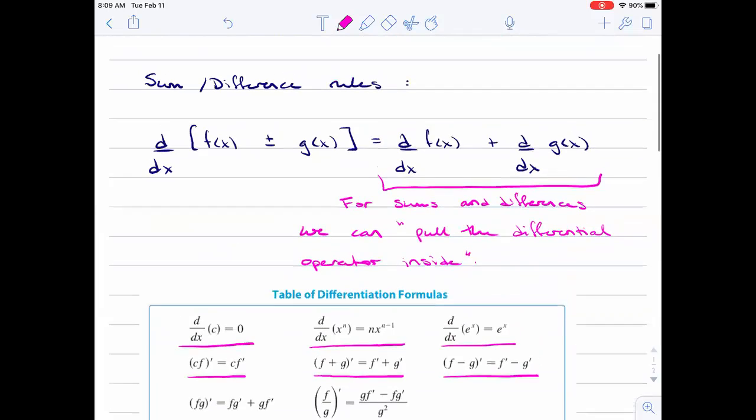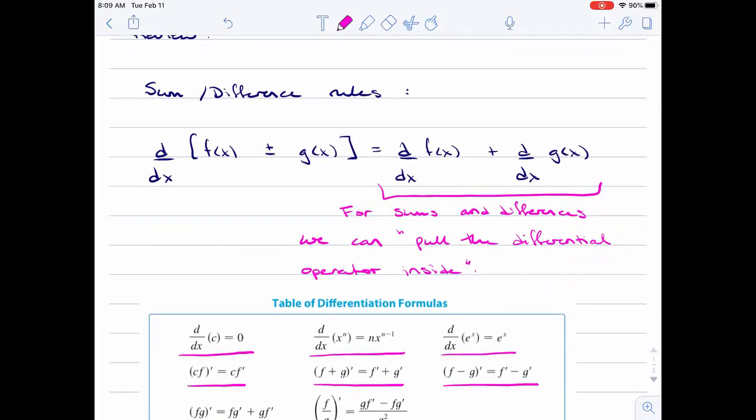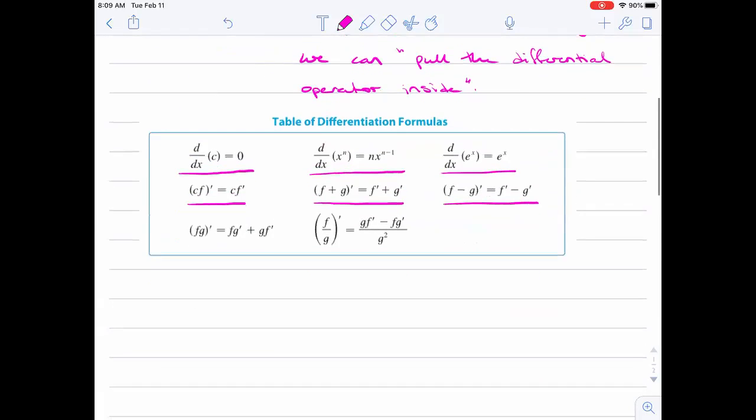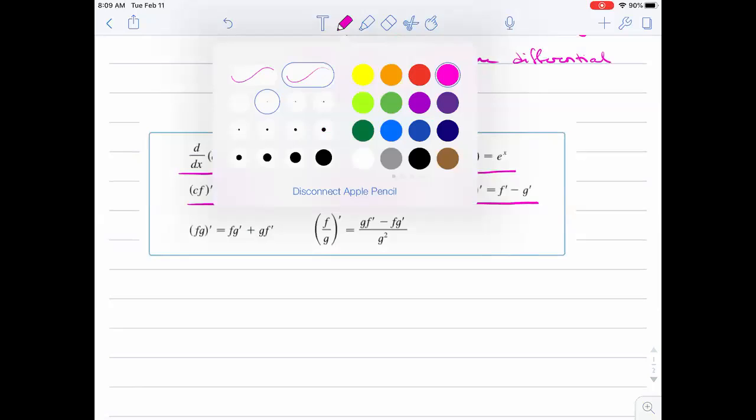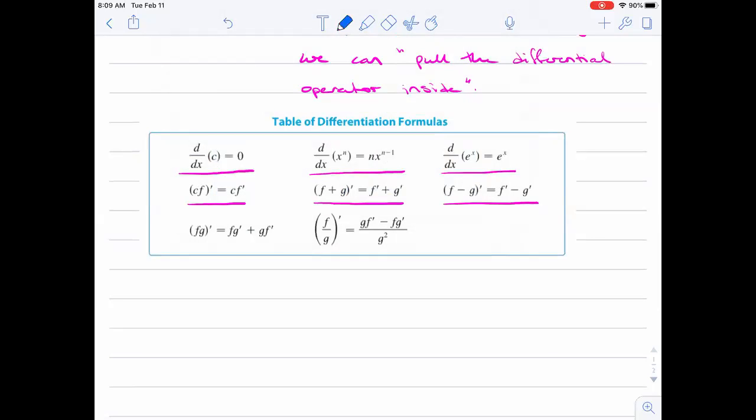Remember, you can use the d dx of f of x or just f prime if you want. And so today, this is the product rule, and this is the quotient rule. We'll write it out in a little bit here, just hand out some of these.